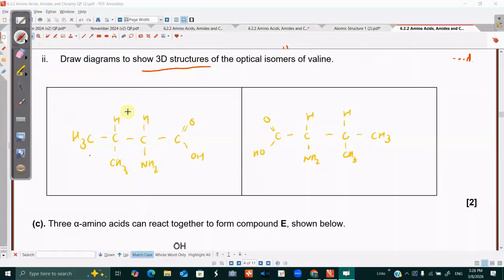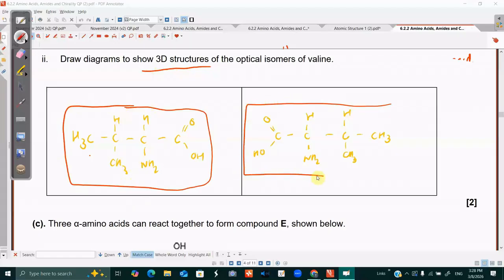Now in this case, you must make the whole diagram 3D. Try to make it as 3-dimensional as possible. So you have to have a good idea about the planes, right?